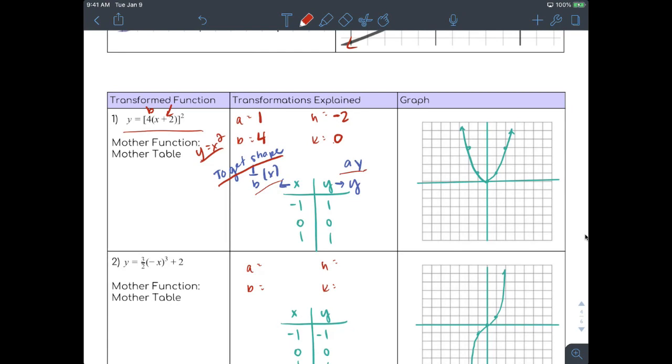So I'm going to go ahead and do that now. So the y is 1, so it's 1y. So these don't change. Okay. And my x values change to 1 over b, so 1/4 times negative 1, which is negative 1/4.